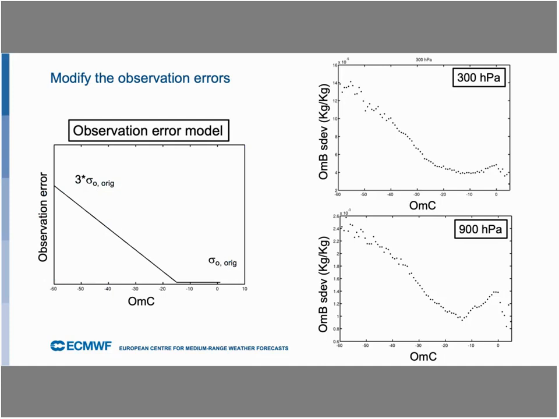So we designed this observation error model where for the cloud-affected retrievals, the observation errors increase linearly after O minus C minus 15, up to 3 times the original observation error.